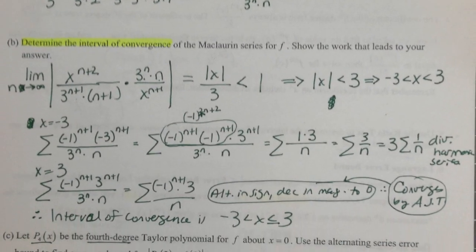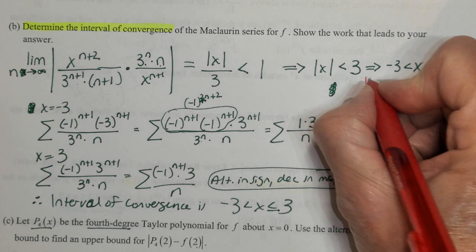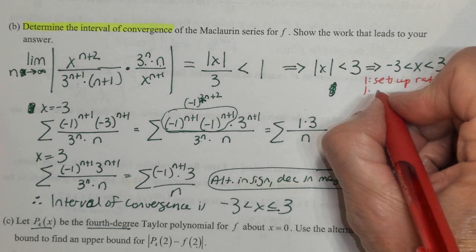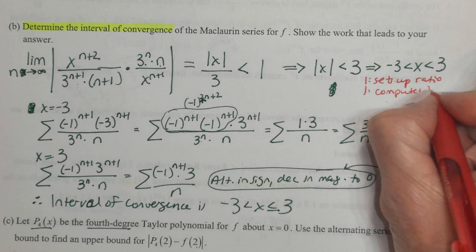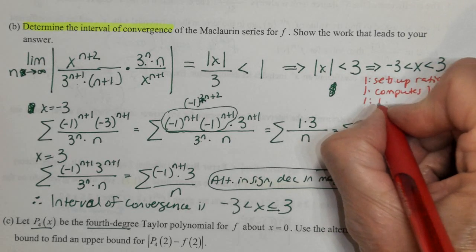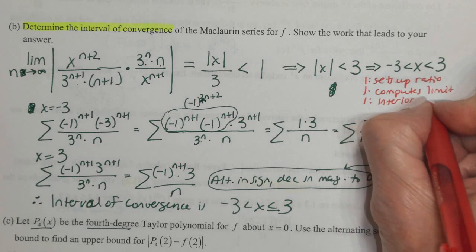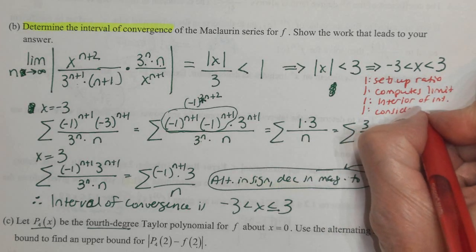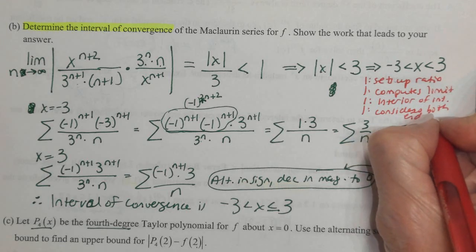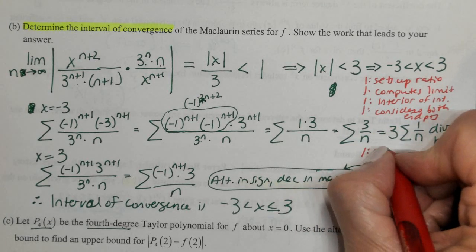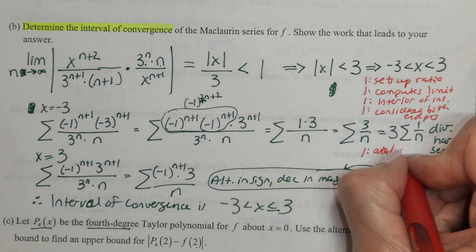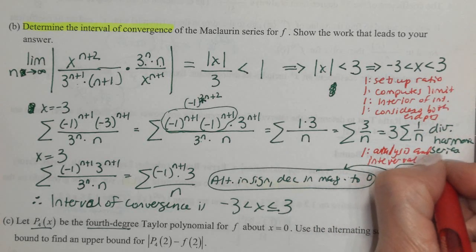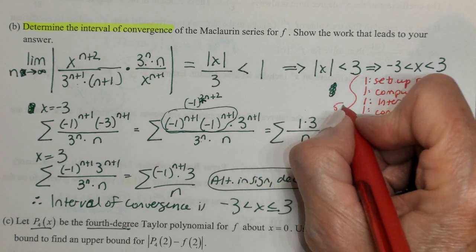Okay, the ratio test part was worth 5 points this year. 1 point for sets up the ratio, 1 point for computes the correct limit of the ratio, 1 point for the interior of the interval of convergence, 1 point for considers both endpoints, and then 1 point for your analysis and the answer, the interval of convergence. I squeezed that in there.